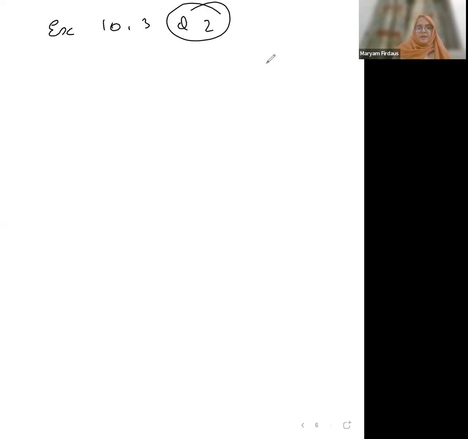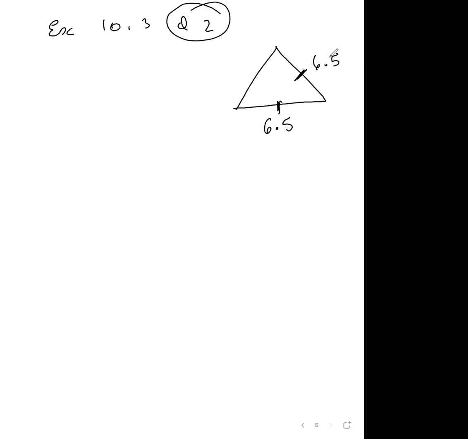So सबसे पहले हम क्या करेंगे? We'll just draw a random triangle. What are they saying? Isosceles triangle, the length of each of the equal sides is 6.5 centimeters. So let's name this and this as the equal sides. So 6.5, 6.5. Can we name the other two sides as 6.5?